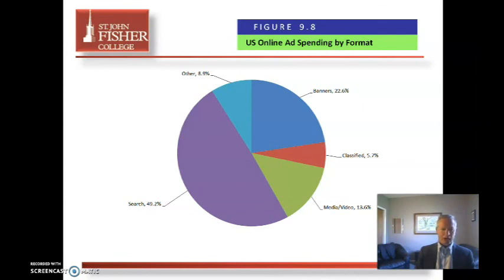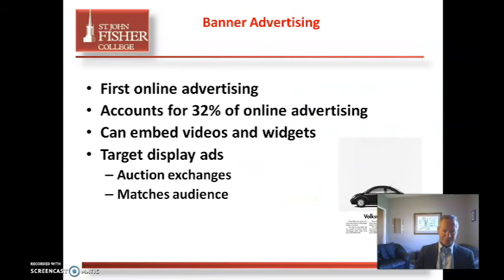Classifieds are number four, and others are number five. But the big one, and this is how Google makes all of their money, I think 75% of Google's revenue comes from SEO, or search engine optimization, and other search engine metrics, and that's 50% of all the spend that people are spending for digital marketing.